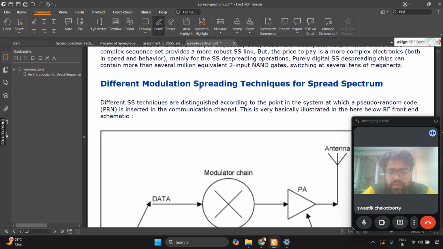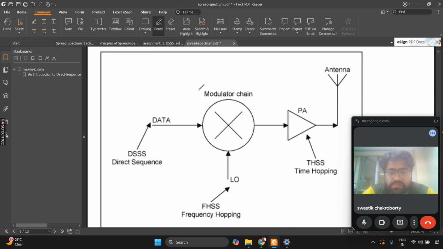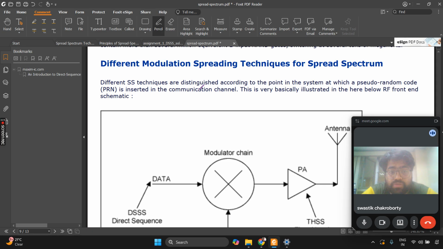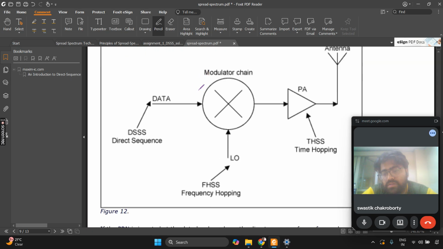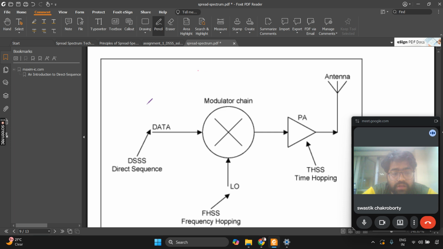Now we will go into the different modulation spreading techniques. The different spreading techniques are, first, direct sequence. In direct sequence spread spectrum or DSSS, the data is modified using the pseudo-random noise sequence, whereas in FHSS or frequency hopping spread spectrum, the frequency of the carrier is modified by the pseudo-random noise sequence.